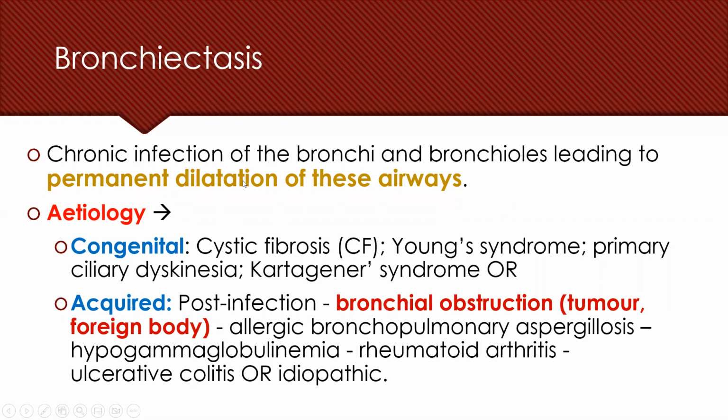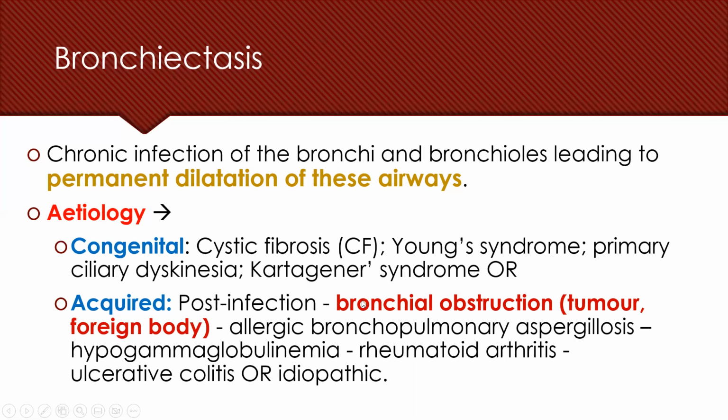The etiology of bronchiectasis may be congenital or acquired. There are different clinical conditions that can lead to congenital bronchiectasis, including cystic fibrosis, Young syndrome, primary ciliary dyskinesia, and Kartagener syndrome. Or bronchiectasis can be acquired, caused by post-infection, bronchial obstruction, tumor or foreign body.